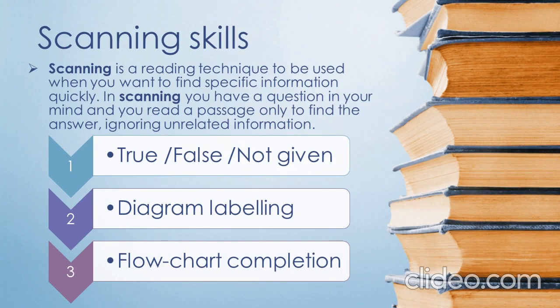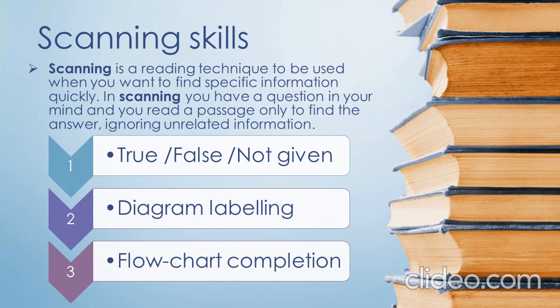Okay, so scanning skills. As you remember from the previous lesson, we have 2 major skills for reading, right? Skimming and scanning. So today I'm going to talk about scanning. Scanning is a reading technique to be used when you want to find specific information quickly.